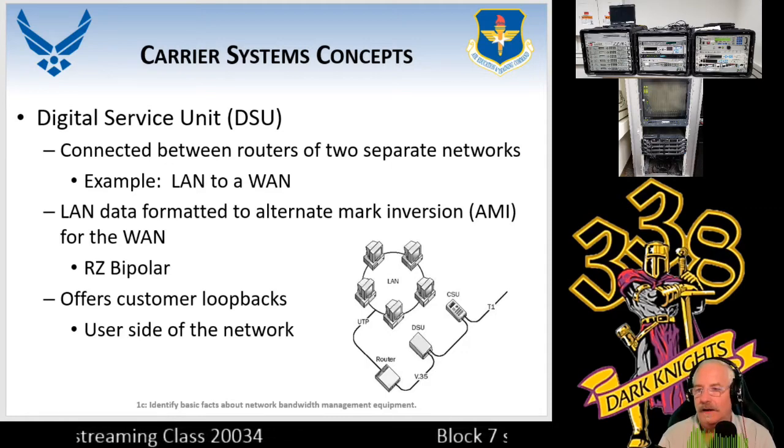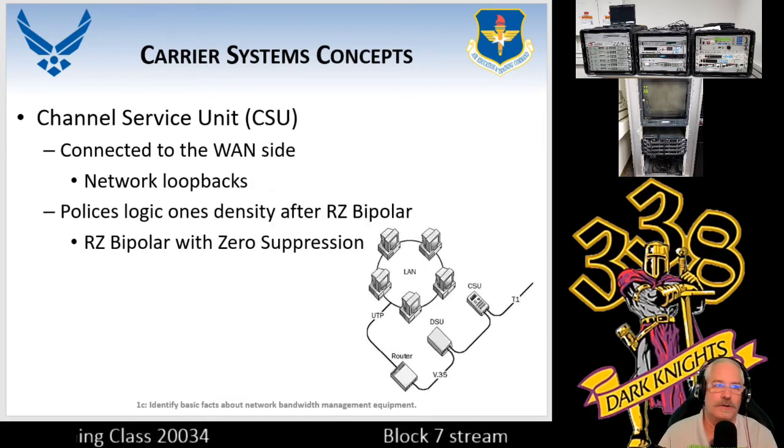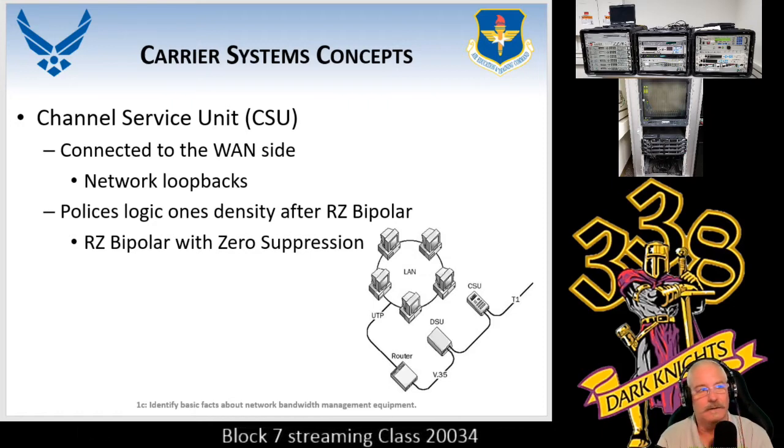If they can't find anything on that, they'll do something called the channel service unit, and we'll look at the network side. This one uses RZ bipolar with zero suppression, self-clocking.